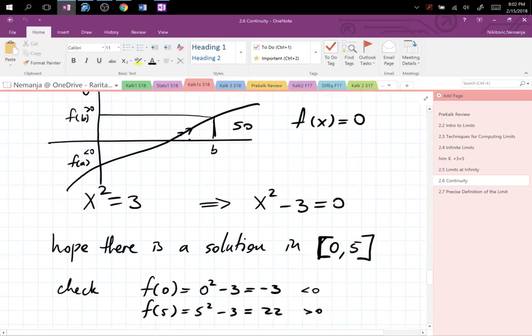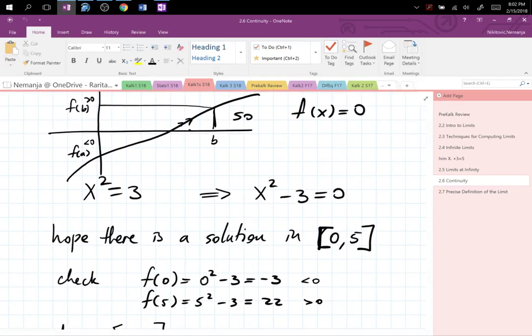Then you compute the function value at 0 and at 5. And what you get is that f(0) is less than 0 and f(5) is more than 0. Yay. That traps the solution to be between 0 and 5. Now we know it's already 1.73, so it's definitely between 0 and 5. But this proves that there is a solution to the equation between 0 and 5.